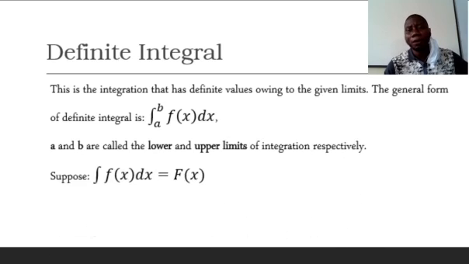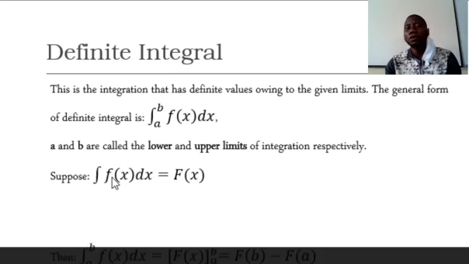Now, let's assume that the integral of small f of x with respect to x is capital F of x. Let's assume that this is the integral form of this one. All right, there should be plus c here if this is to be indefinite.